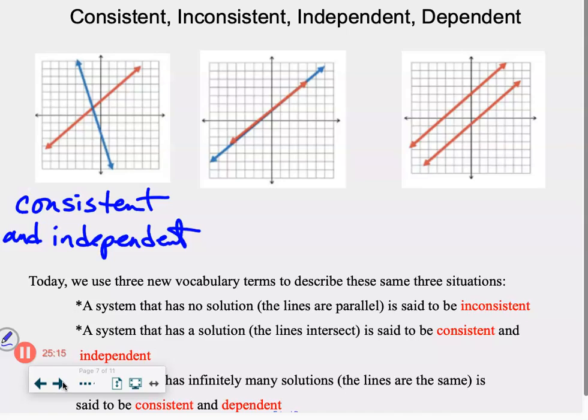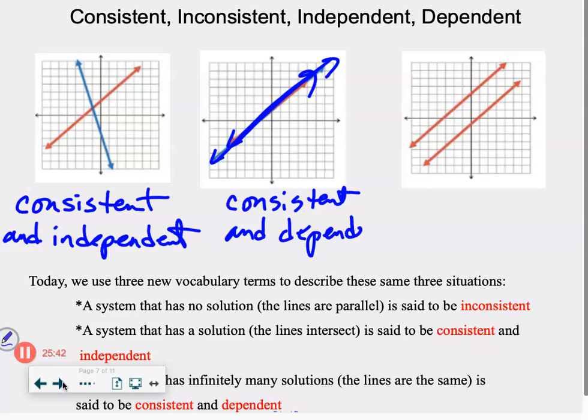If you have two lines that are right on top of each other, so basically they're the same line, if you have two equations that are exactly the same, every single point is a solution because every single point is a point they have in common, right? These are called consistent and dependent because they have a solution, but it's like every solution.